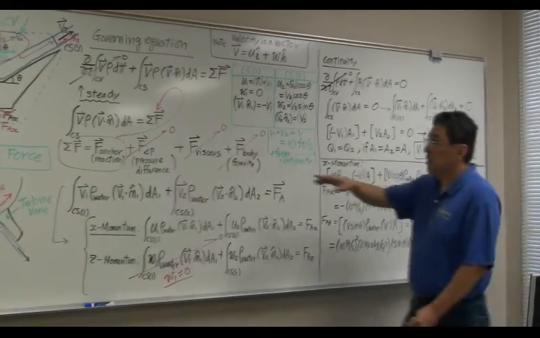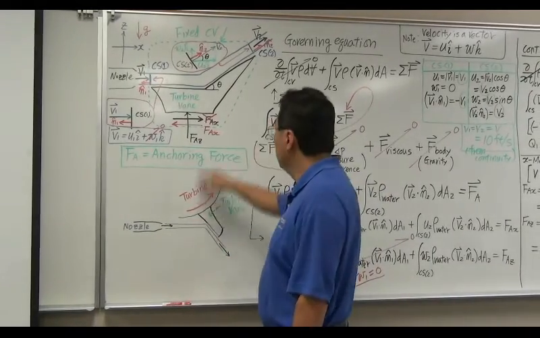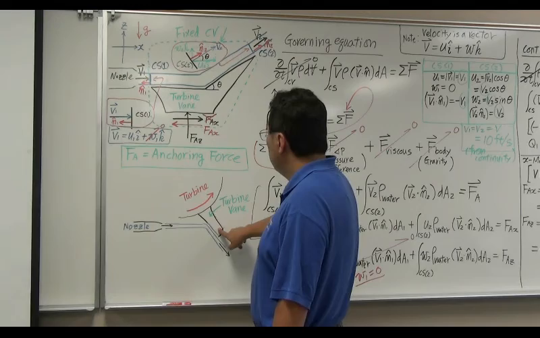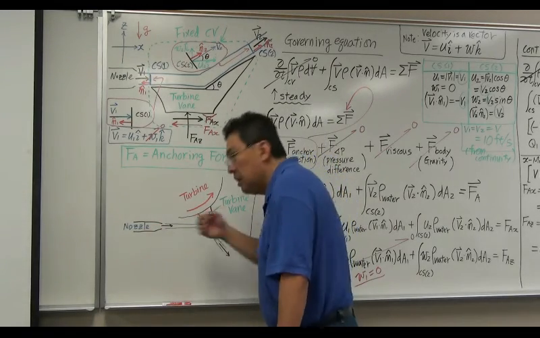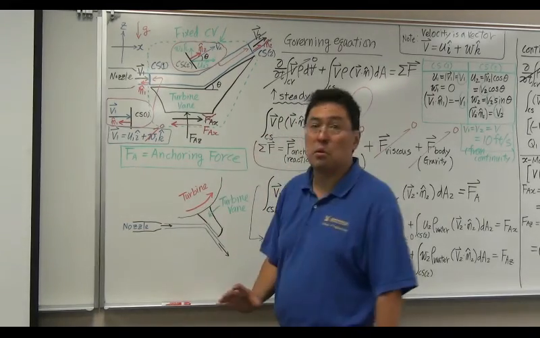So if theta is given, which is the angle of water turn using the turbine vane, you can determine how much force is developed, which is equal and opposite to the reaction, or in this case, anchoring force.